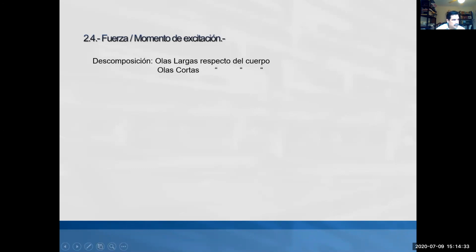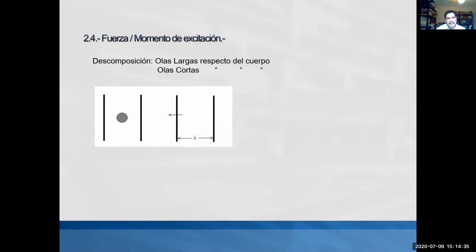And that allows us to separate the way to calculate the behavior of these waves on the ship in two extremes, and then you will just add these two effects. The first one is that consider that the waves are very long, so they just pass through the object as if there were no object at all. That's what we call Froude-Krylov.